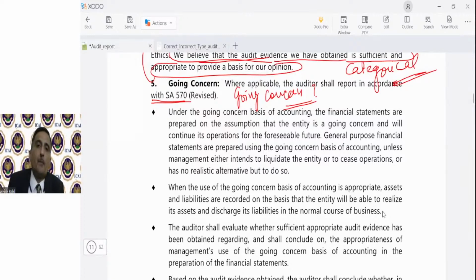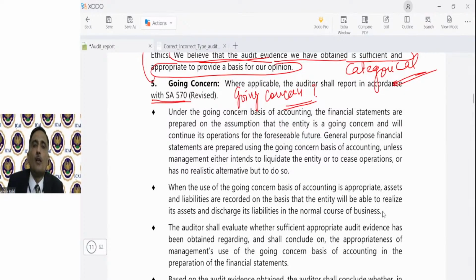Going concern means that the entity, the company, the organization, will continue to operate its operations in the foreseeable future, and that it is not going to materially scale down its operations.